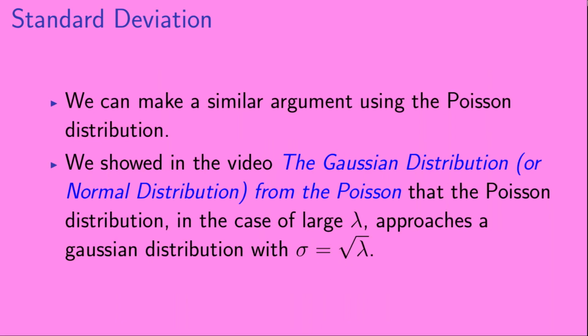We can make a similar argument using the Poisson distribution. We showed in the video the Gaussian distribution, or normal distribution, from the Poisson, that the Poisson distribution, in the case of large lambda, where lambda is the mean of the distribution, approaches a Gaussian distribution with sigma equal to the square root of lambda.